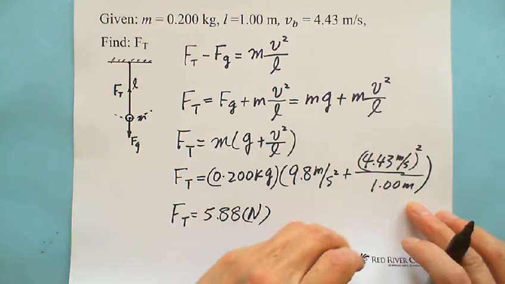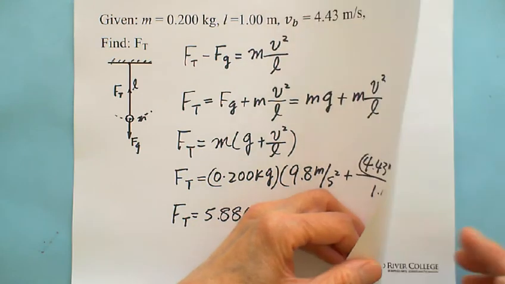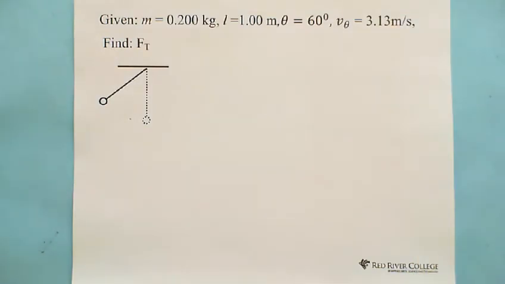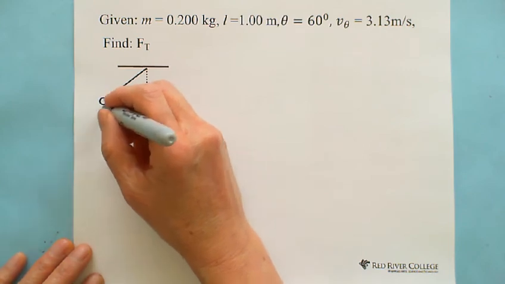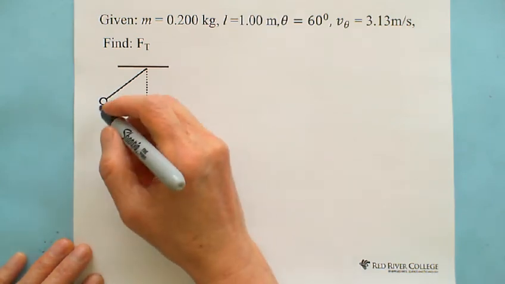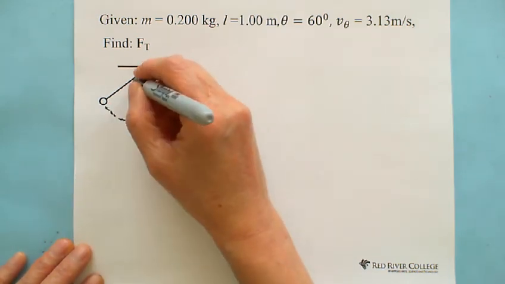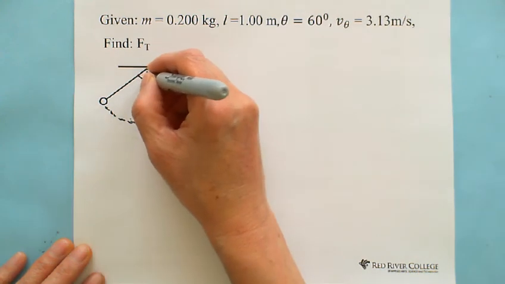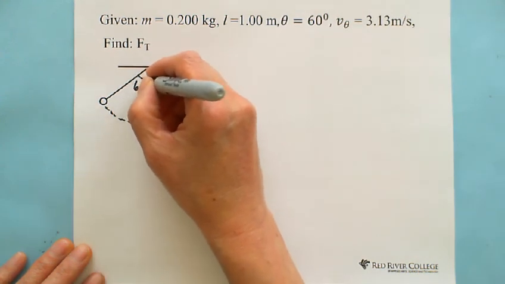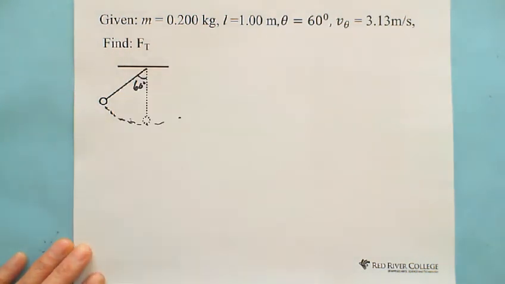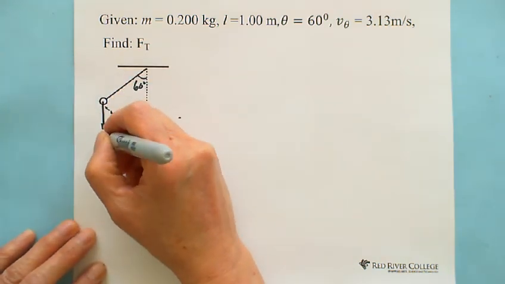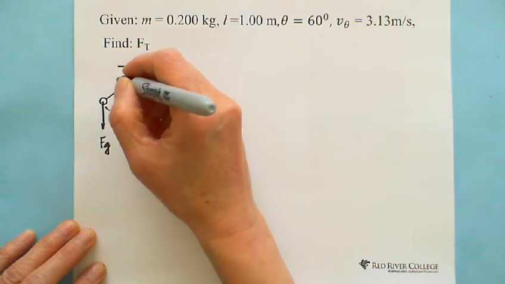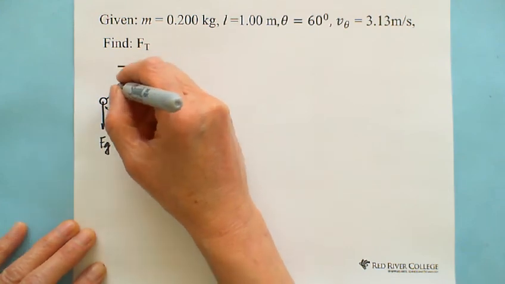And the next question is, if this ball is doing circular motion at this position, and theta equals 60 degrees, what is the tension at this time? For the free body diagram, we still draw the gravity and the tension force.